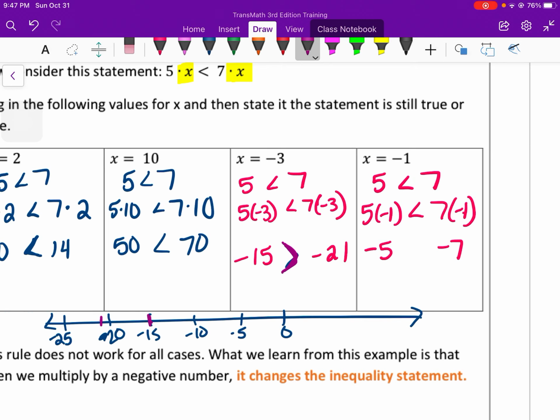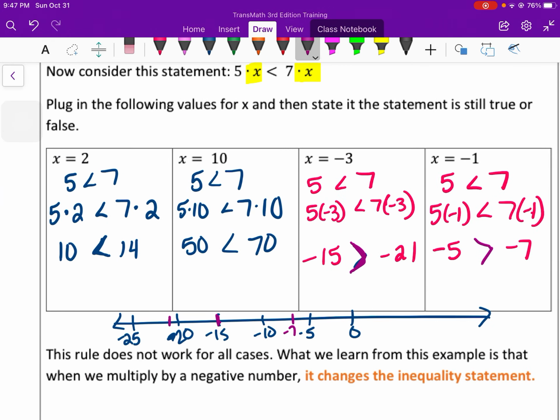It is not. Again, looking at the number line, negative 5 is closer to 0. Negative 7 would be like right here. It'd be like negative 5 degrees is warmer than negative 7 degrees. So you have to flip the inequality to make this true. So when I multiplied by a positive number, the inequality didn't change.